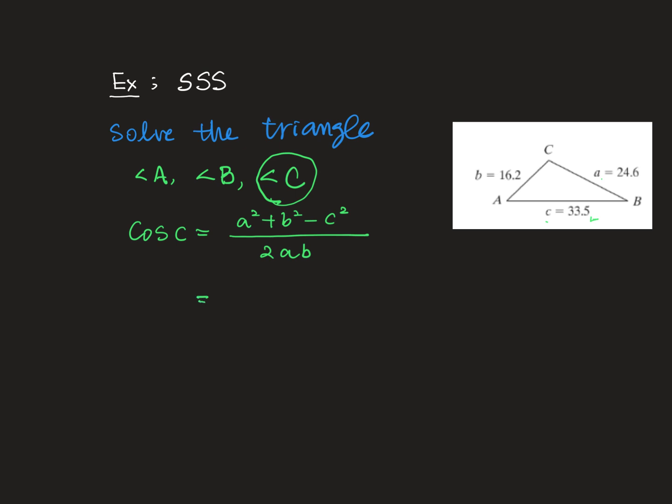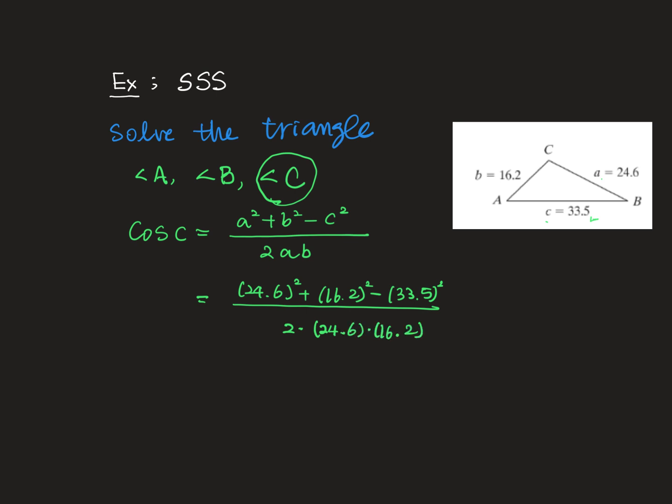So look at this: a squared is 24.6 squared, b squared is 16.2 squared, minus 33.5 squared, over 2 times 24.6 times 16.2.